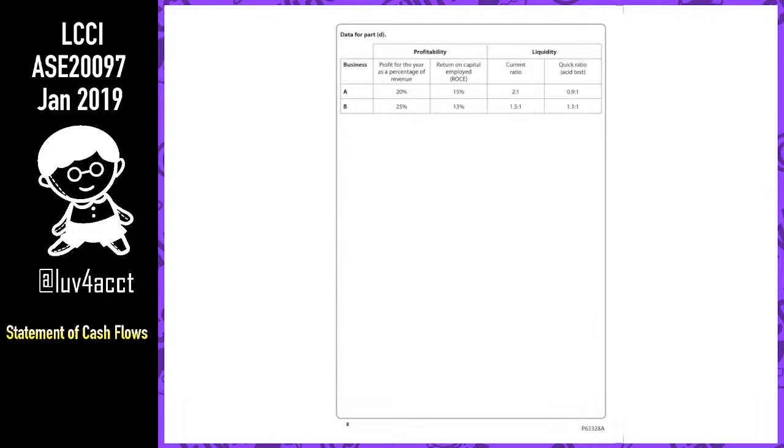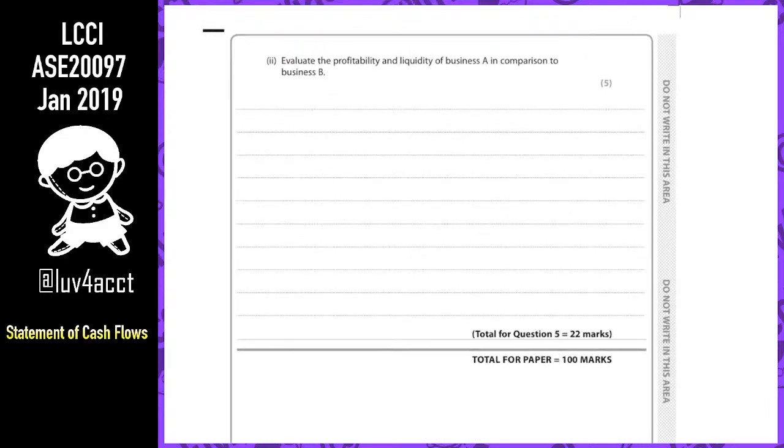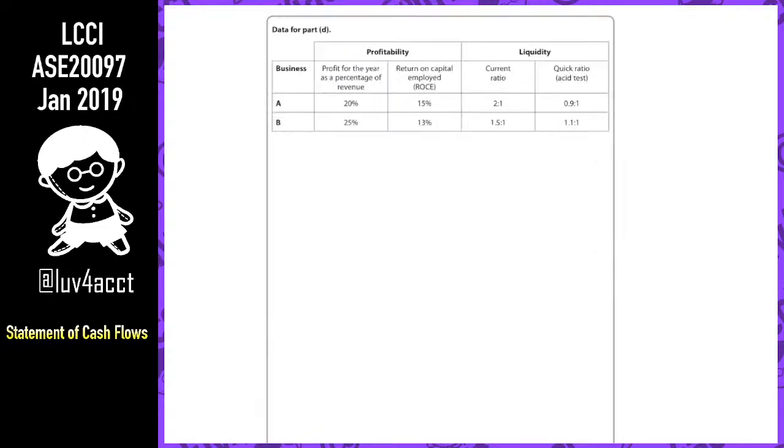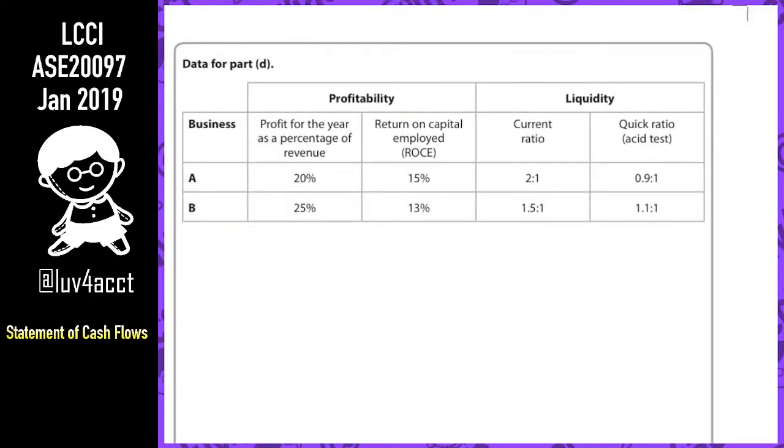Next one, for part D, you have to evaluate the profitability of business A in comparison to business B. Let us read here. Profitability, ROCE, and profit as a percentage of revenue: this is better, but for ROCE, business A is better.